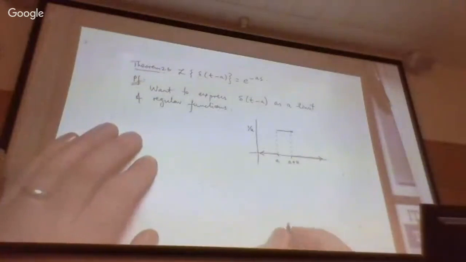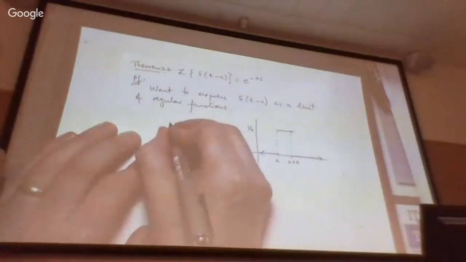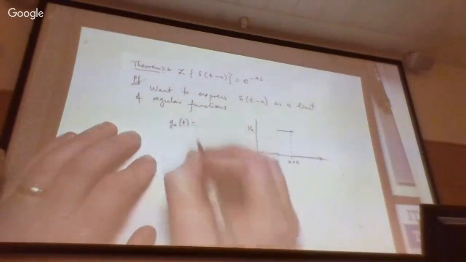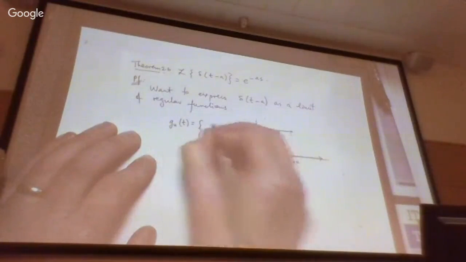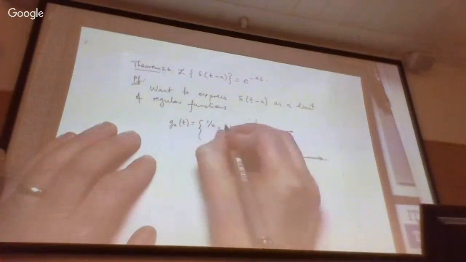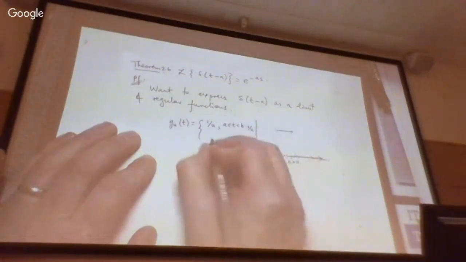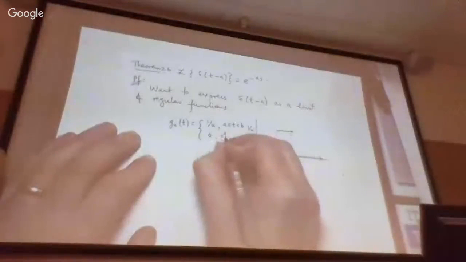I call this g sub u of t. This is defined to be 1 over u for t between a and b, 0 otherwise.